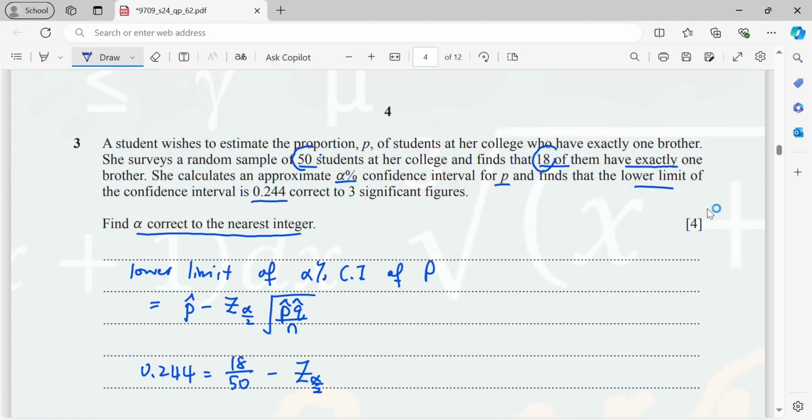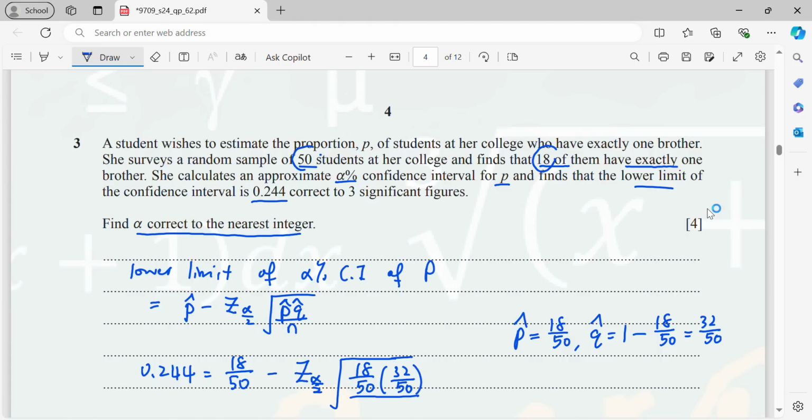Then from here later I will get the alpha. Square root of 18 over 50. Okay, now you see P hat is 18 over 50. Q hat is 1 minus P hat. Therefore, you will be getting 32 over 50. Alright, so here I write 32 over 50.